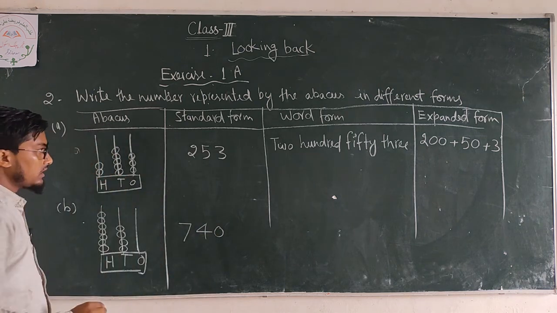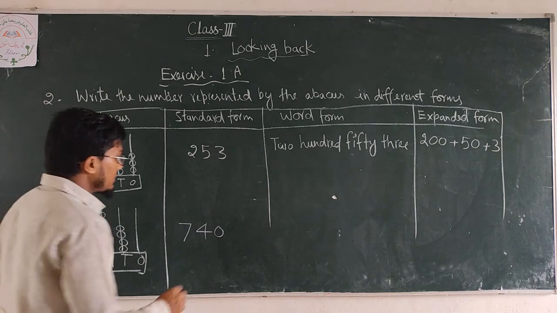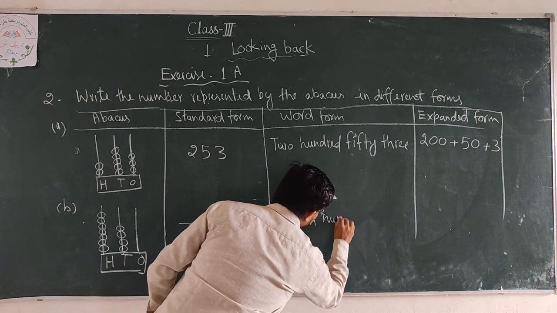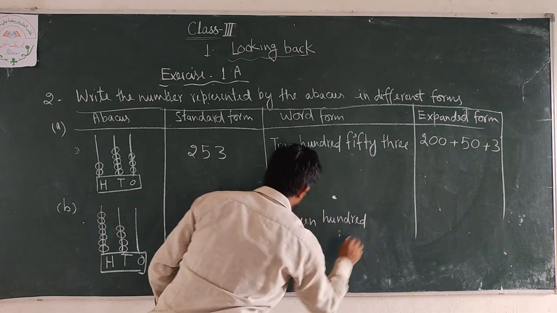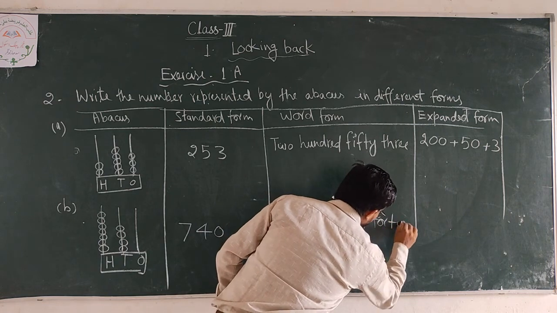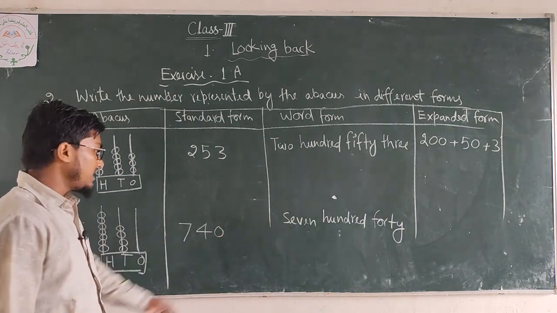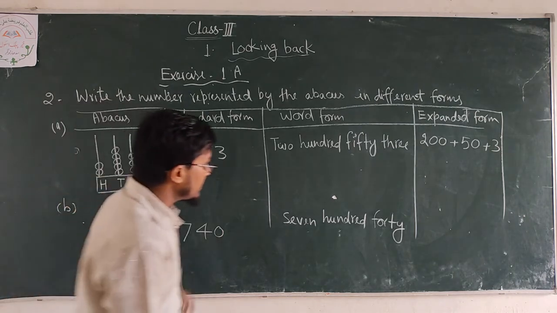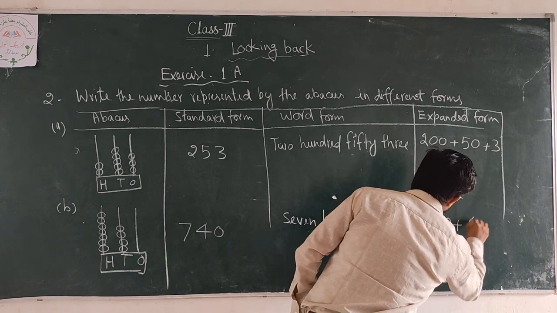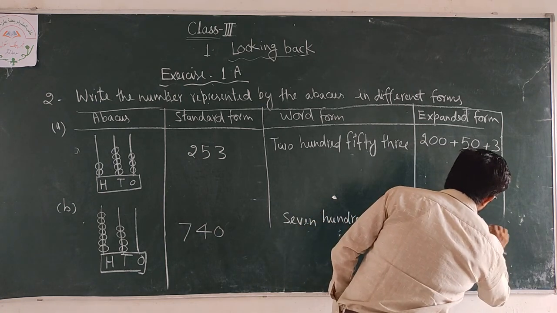You write 740 in word form, and you also represent it in expanded form: 700 plus 40, and the ones position is 0.